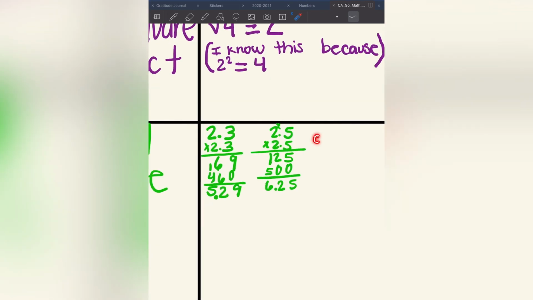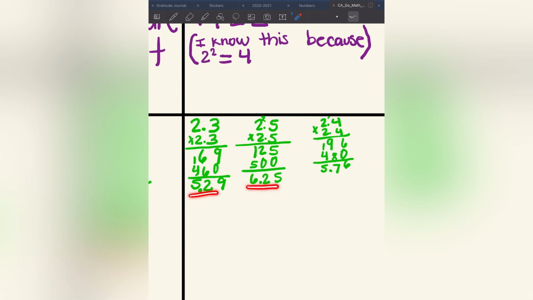Let me try that. After making an educated guess, these are my results. 6.25 went over, so we are not going to use 2.5. The decimal 5.76 is greater than 5.29, so we are going to use that approximation because it's closest to 6.